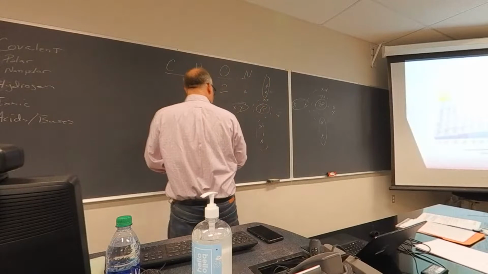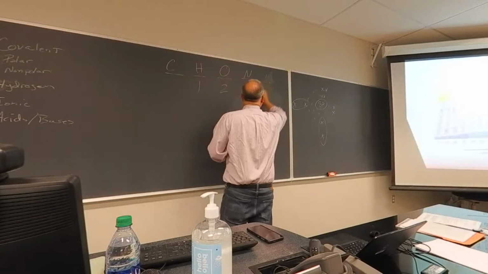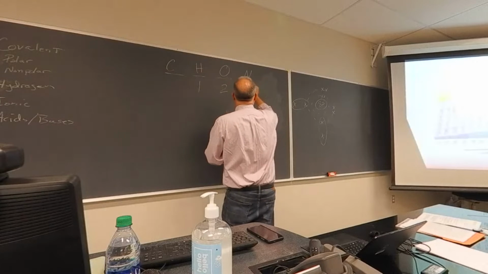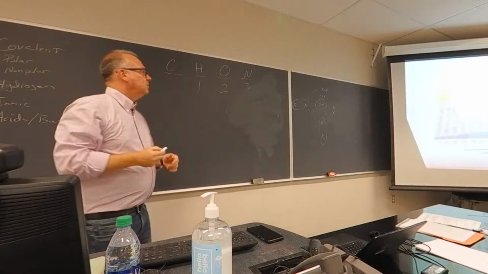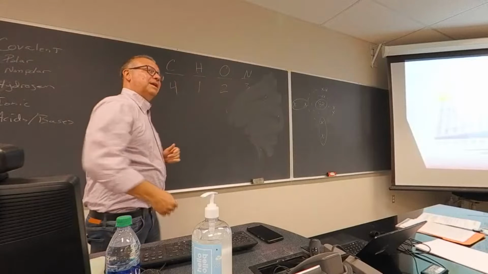So nitrogen would be 3. Carbon. It helped that it did those in order.